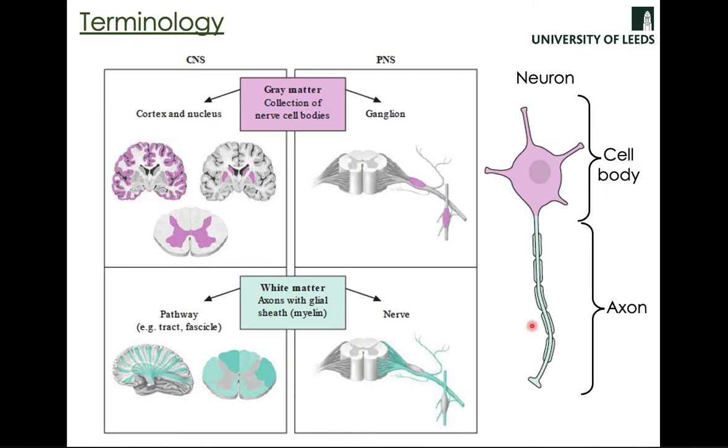So just a quick review on our terminology. Remember that any neuron consists of a cell body and an axon, which can be myelinated. So if we have many cell bodies grouped together, we have distinct terminology. In the CNS, we can have the cerebral cortex, that heavily folded cerebral surface, so we know that we have those cell bodies collected in there.